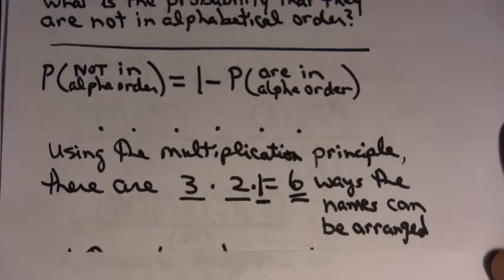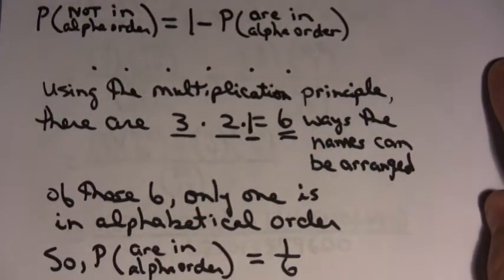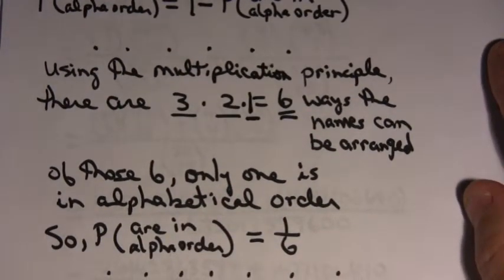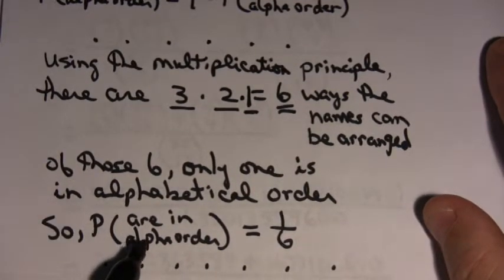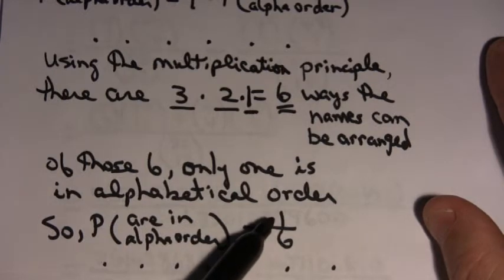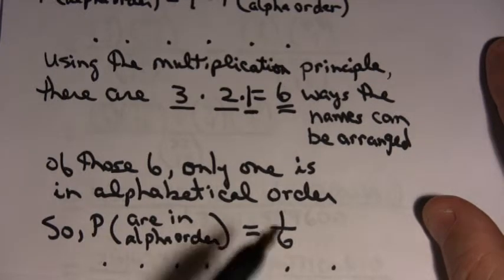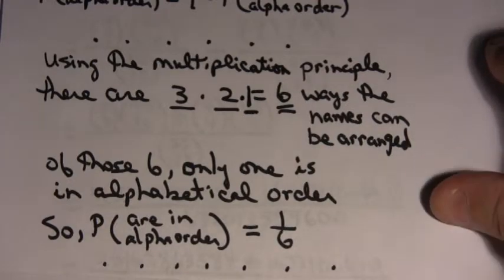Now, out of those 6 ways, only one of those is in alphabetical order, which means the probability that the names do come out in alphabetical order is 1 out of 6. There's only one way that's alphabetical out of the 6 ways possible. But remember, we were not looking for the probability that they were in alphabetical order.